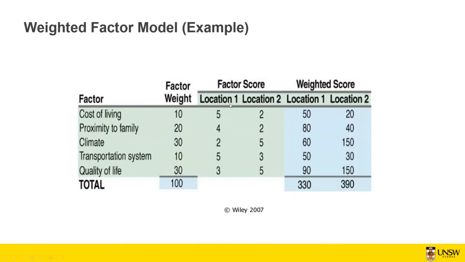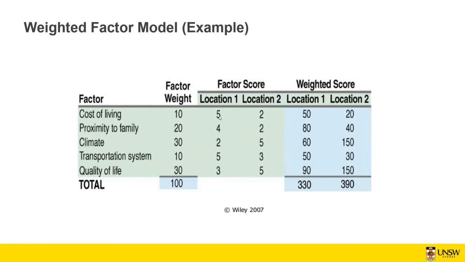Based on that, you look at location 1 and location 2. Let's say location 1 is Sydney, location 2 is Melbourne. You look at those things and you provide a number, let's say from 1 to 5 or 0 to 5. So cost of living, let's say, for location 1 is pretty cheap.